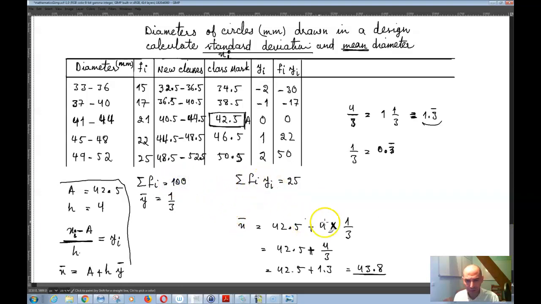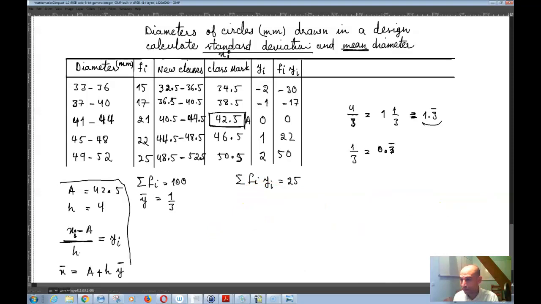Now, for x bar, we said that x bar is equal to A, which is 42.5, plus h times 4 times y bar. Now y bar is equal to this number divided by this number, right? So 25 divided by 100 is 1/4.